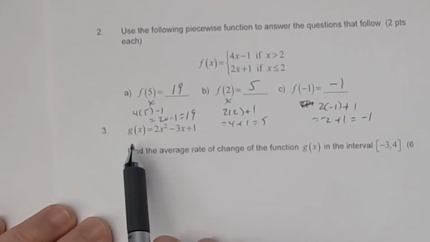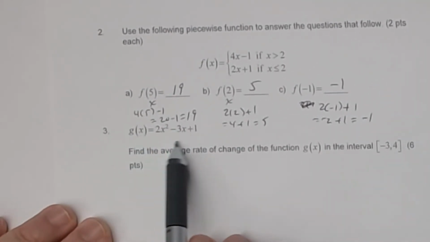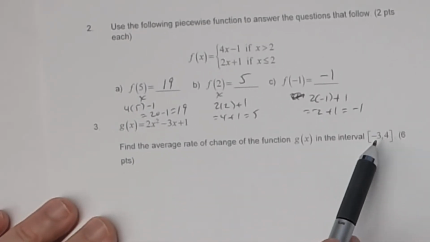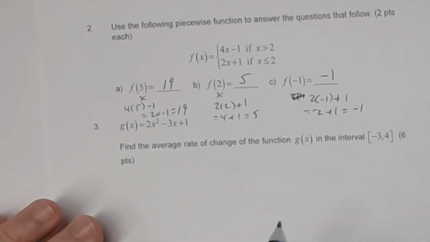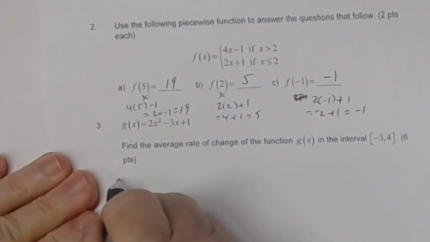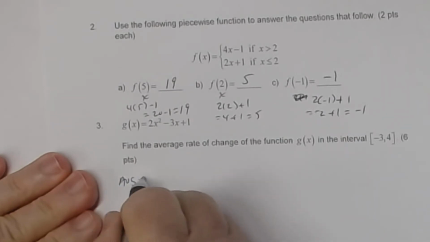And then in number C, you're given the function, like this quadratic function, and you want to find the average rate of change in the interval from negative 3 to 4. So remember, the average rate of change is kind of like the idea of slope of a line. So the way to do that is you're going to say the average rate of change.